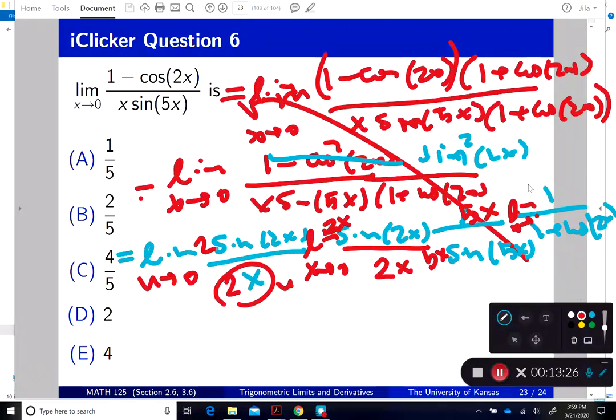So if I rewrite this entire thing, I'm going to take the limit as u goes to 0.